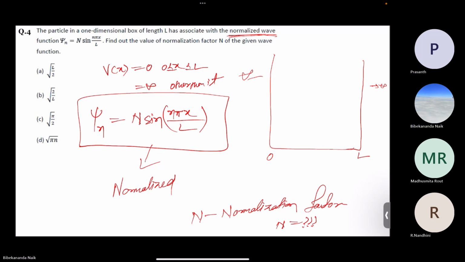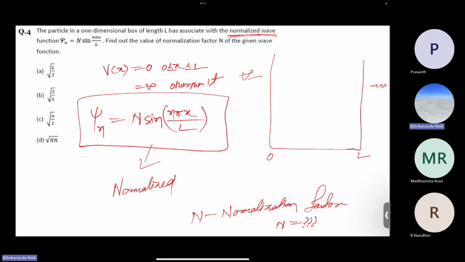Yes, sir. So you know about these concepts: what is a wave function, how the wave function form is derived, and what the behavior of a particle in a one-dimensional box will be.